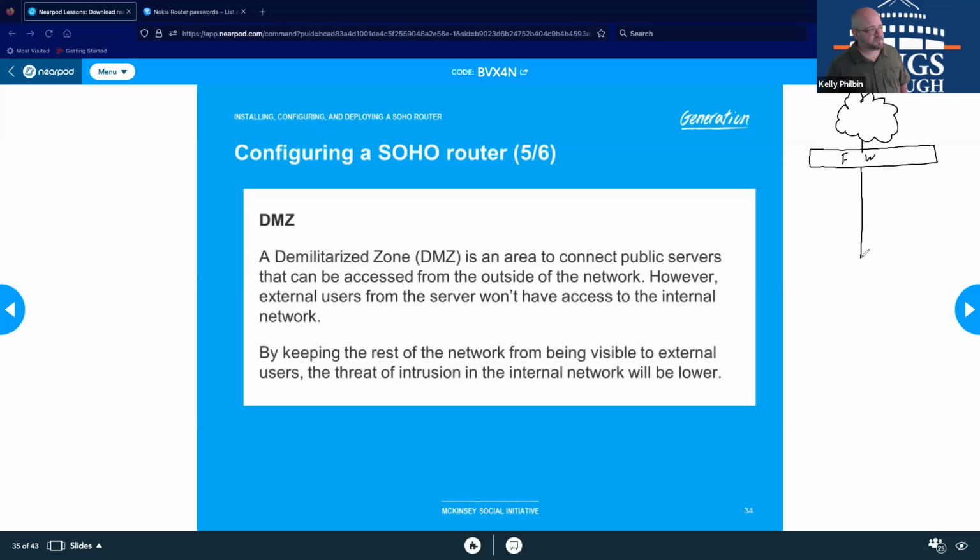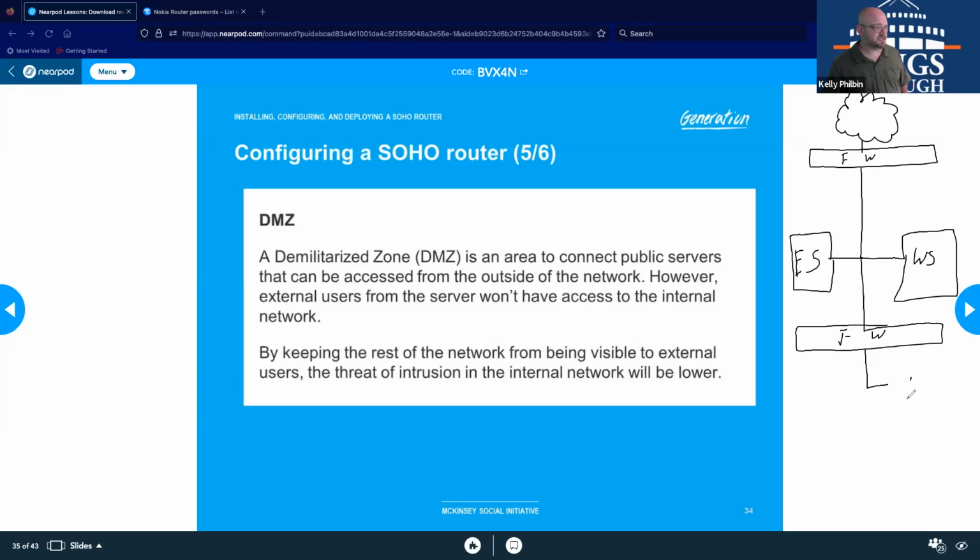And then you'll have it hooked up to web servers and email servers. Then you'll have another set of firewalls right here, and then you would set up your internal stuff.